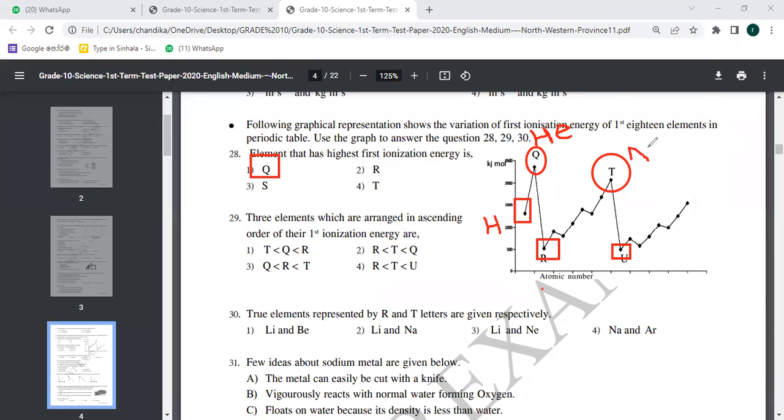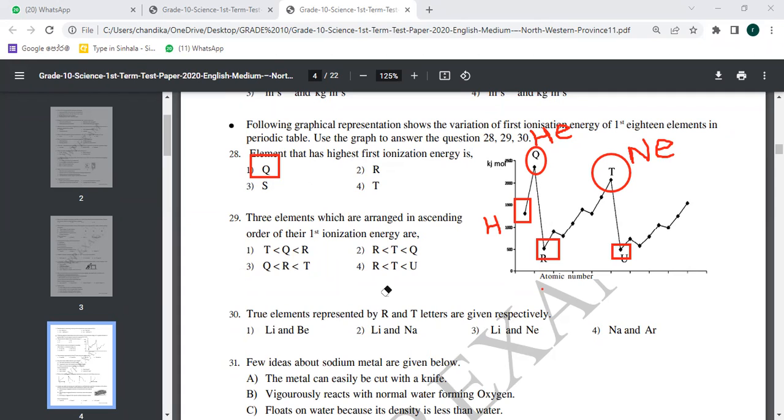It should be neon, right? Neon's first ionization energy is a little bit lower than helium. So helium has the highest first ionization energy. So Q is the answer.